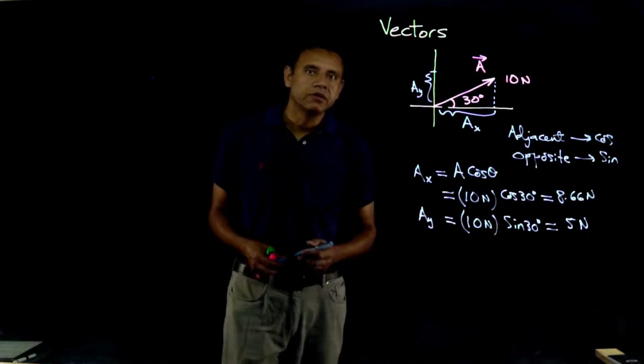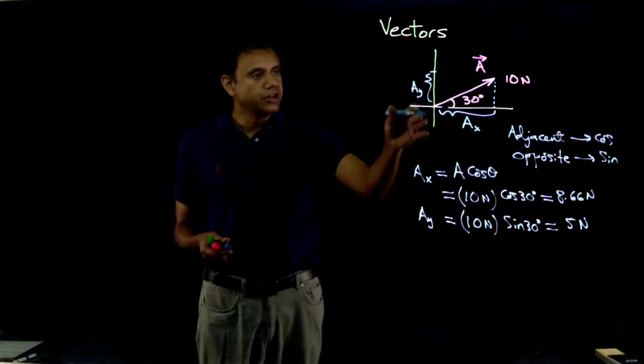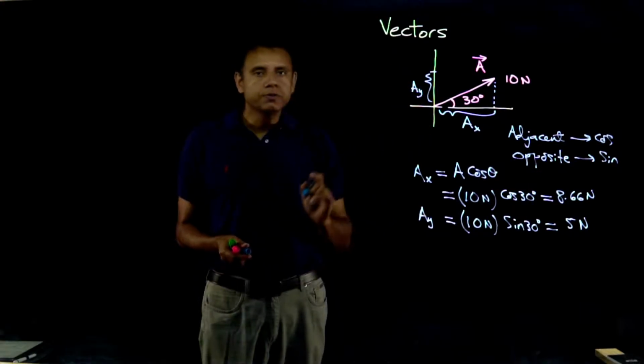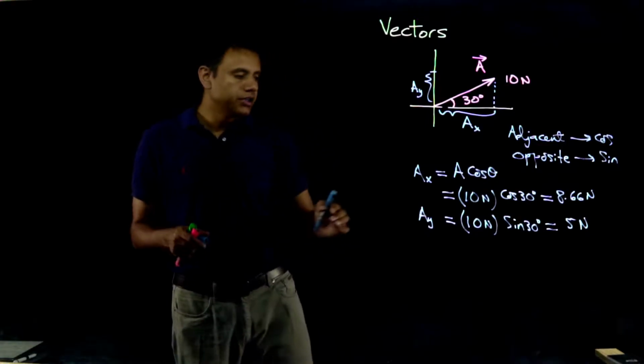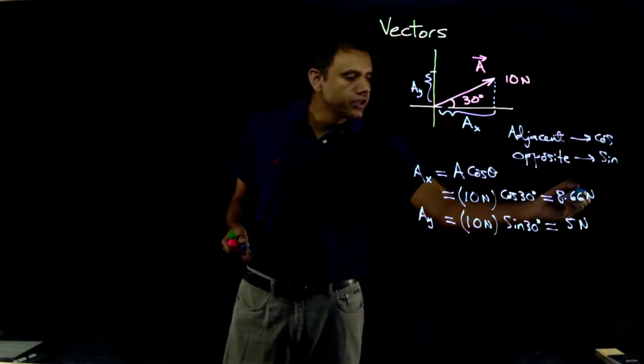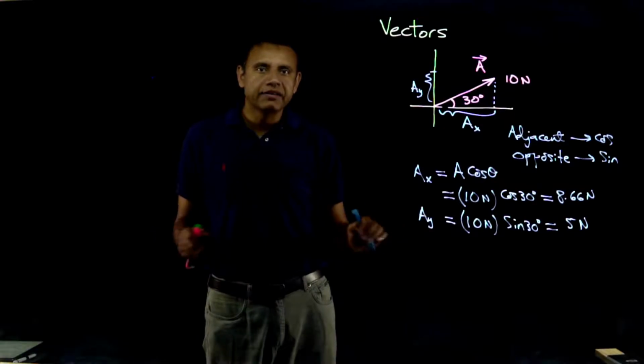It's that simple. This is how you calculate all of the components for any kind of vector that is given. It is also possible to calculate the full vector and the angle by just looking at the components. Let's suppose we were only given AX and AY.